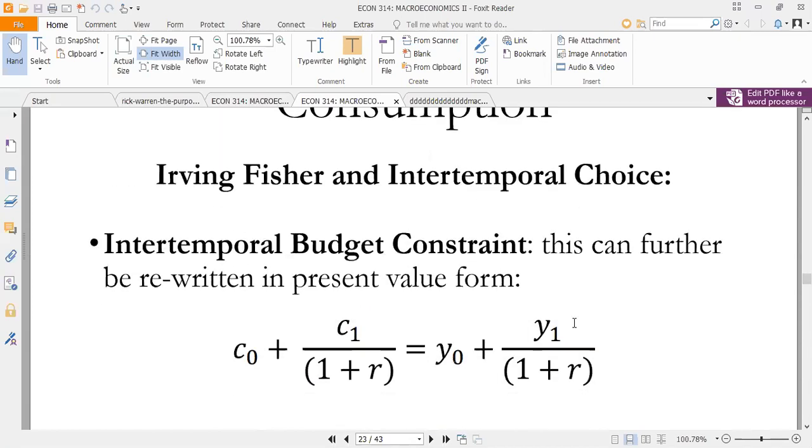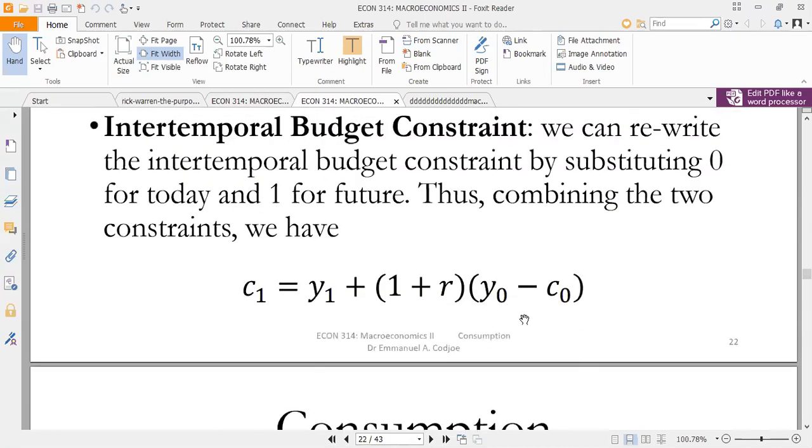So now we can expand that. Please, let's do it together. From here, we have C1 equals Y1, then this will be (1 + R) times Y0, then minus (1 + R) times C0.